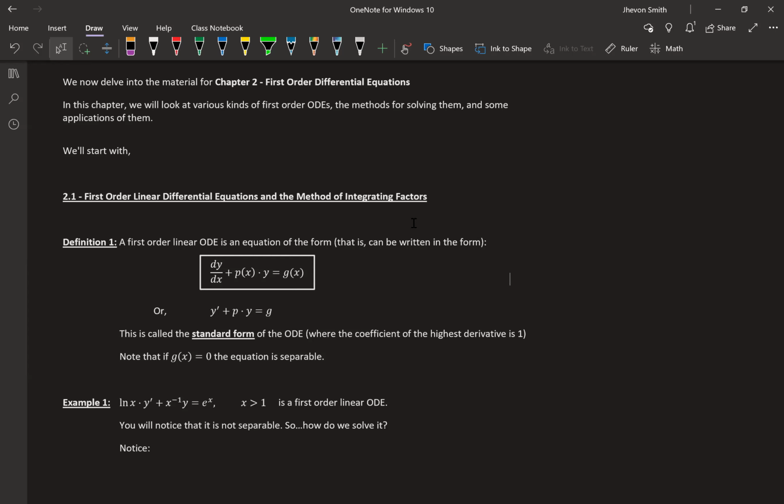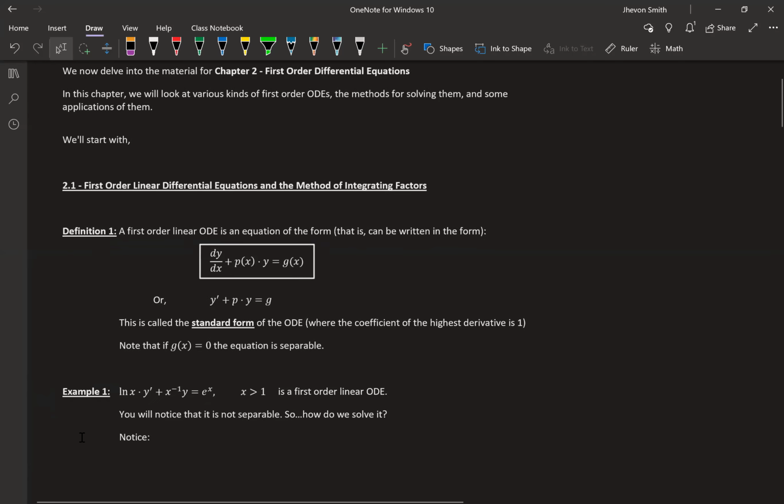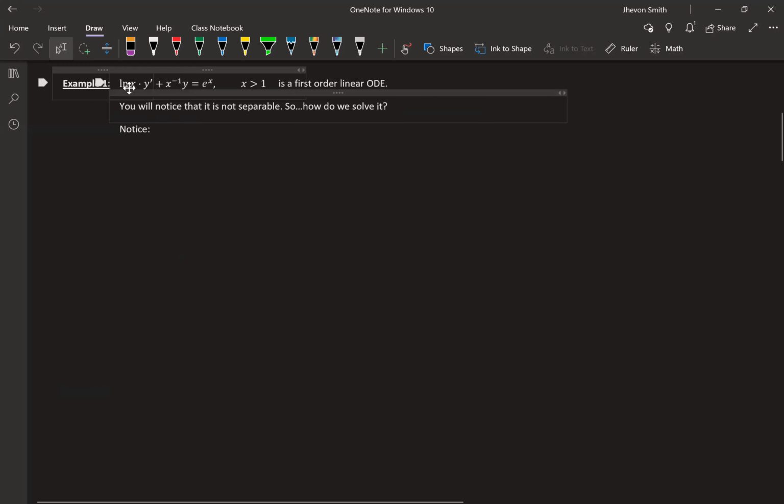So here's an example of a first order linear differential equation: ln of x times y prime equals that.